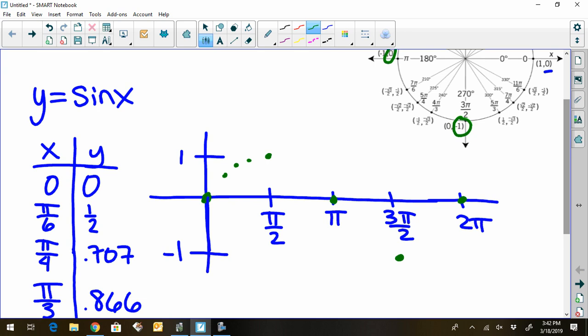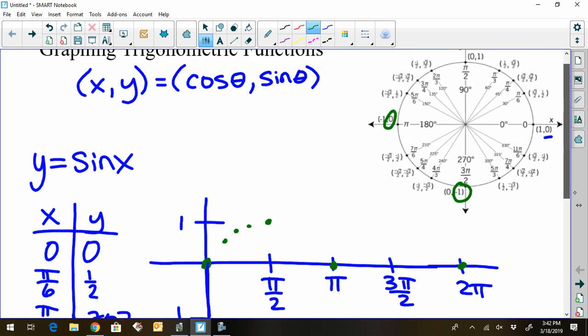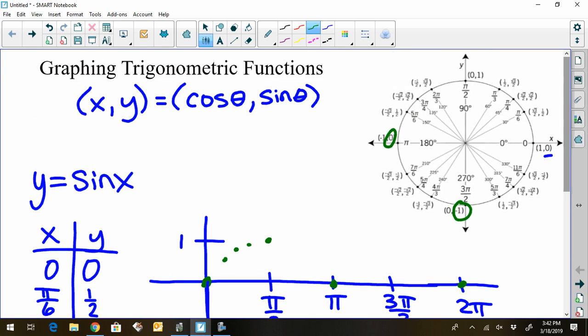So as we continue with this curve, because if we have sine of 2 pi over 3, we'll end up with that same value of 0.8. And then sine of 3 pi over 4, square root of 2 over 2, we'll end up with that same value of 0.707. Sine of 5 pi over 6 is 1/2, so we'll also get 1/2 there.